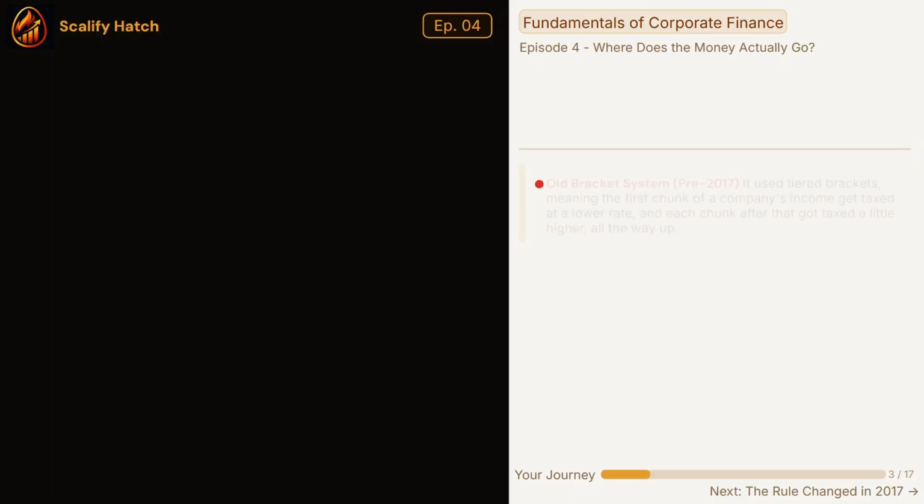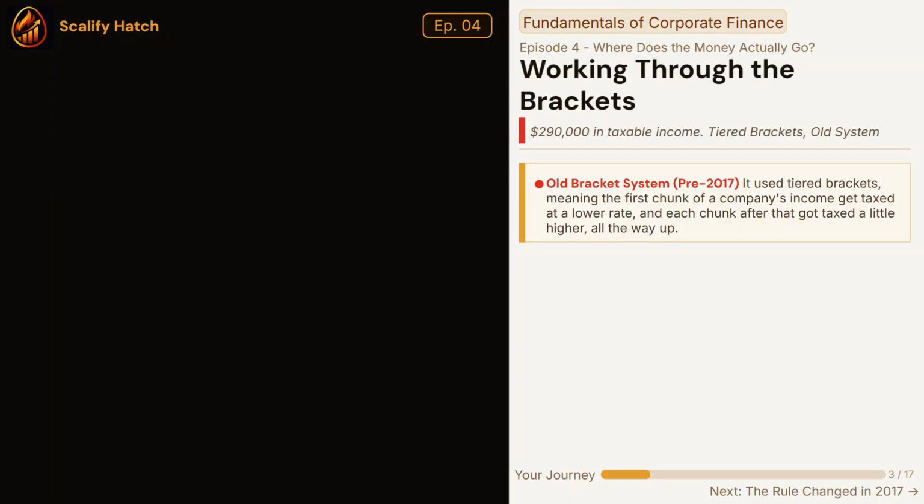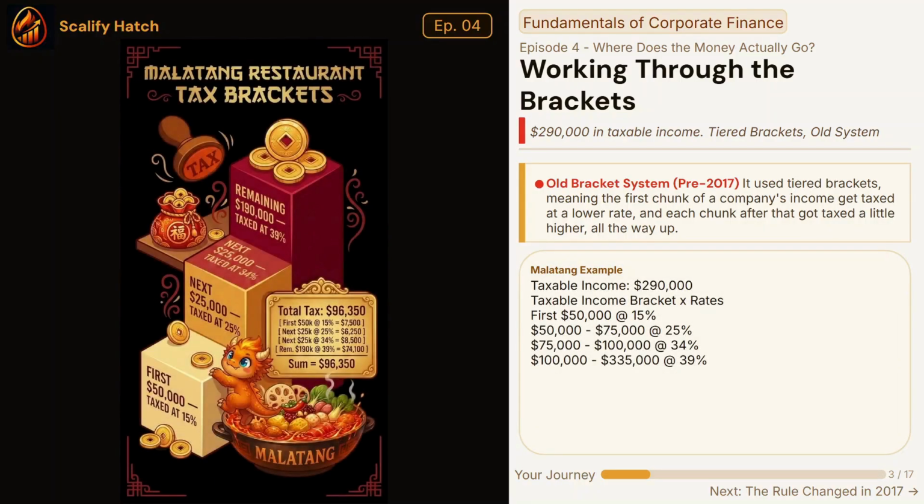For years before 2017, the corporate tax code didn't just use one flat rate. It used tiered brackets, meaning the first chunk of a company's income got taxed at a lower rate, and each chunk after that got taxed a little bit higher, all the way up. Let's run our own restaurant's numbers through that old system. Remember how Scalify Hatchmal Tang had $290,000 in taxable income last year. Under the real pre-2017 schedule, the first $50,000 was taxed at 15%.